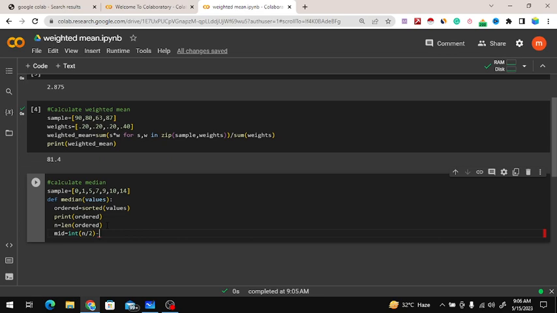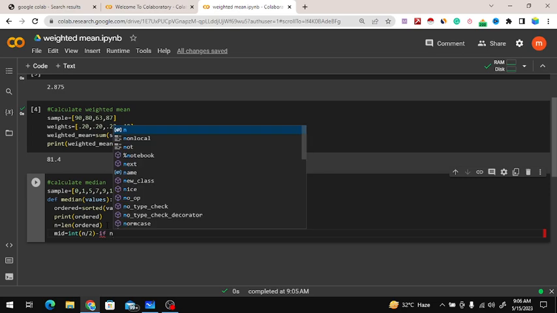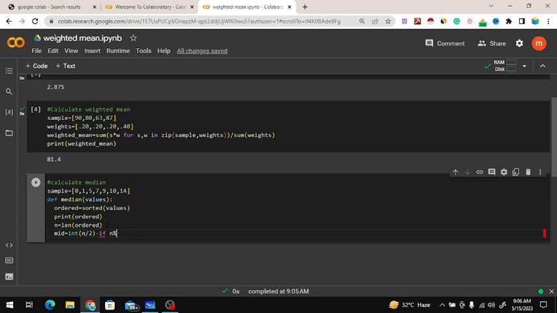if n, with the percentage symbol as modulus, minus it should be n by 2 minus 1.